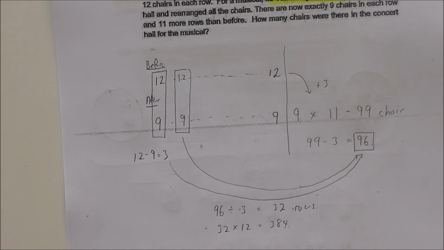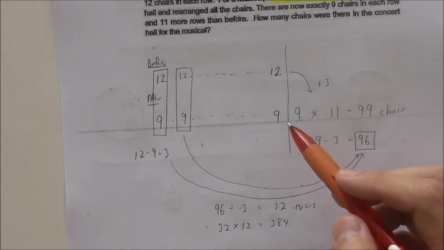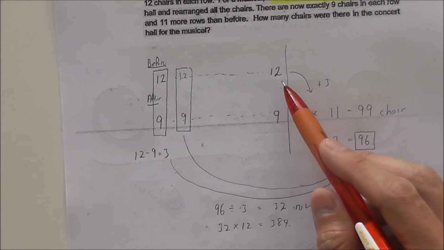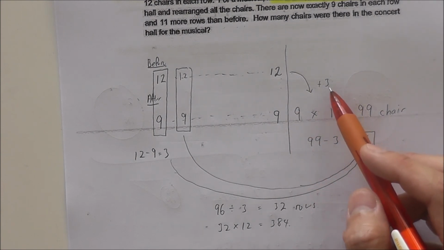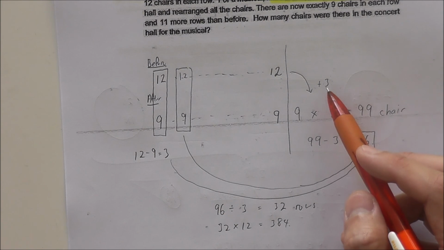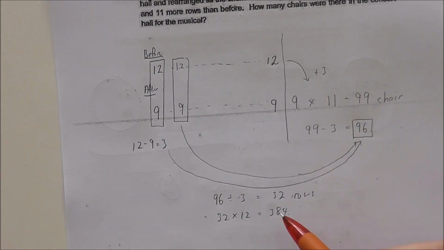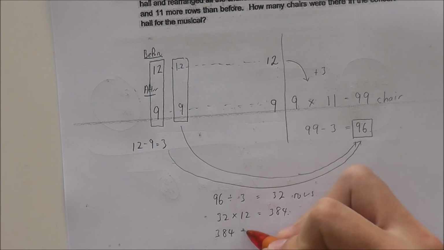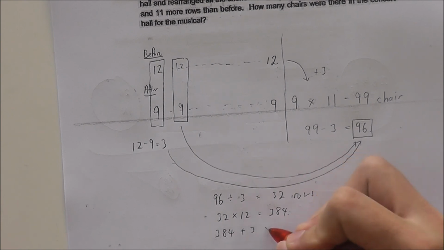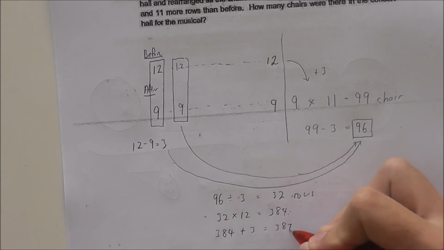Okay, but guys, this is not the answer. This is the number of chairs that is in the hall at the beginning. But Mr. Tan put in 3 more to have the musical, right? So it should be 384 plus 3. Okay, that will be 387.